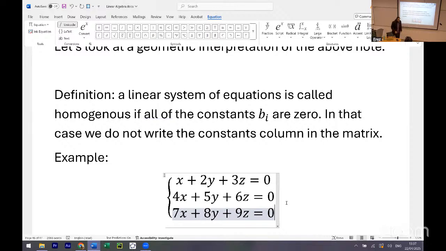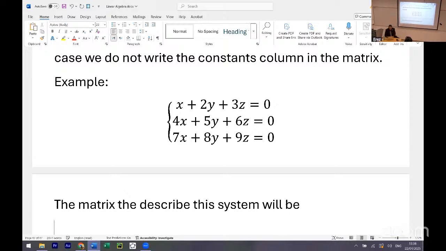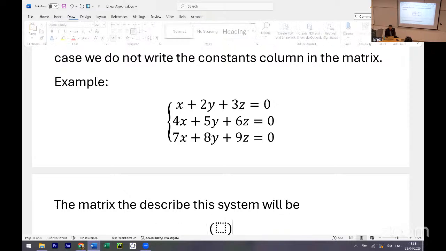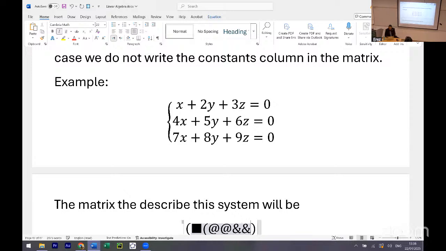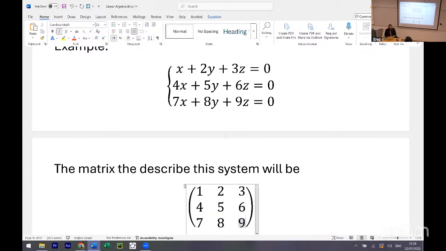So when you have a homogeneous system, the matrix that describes this system will be just the coefficients: 1, 2, 3, 4, 5, 6, 7, 8, 9.